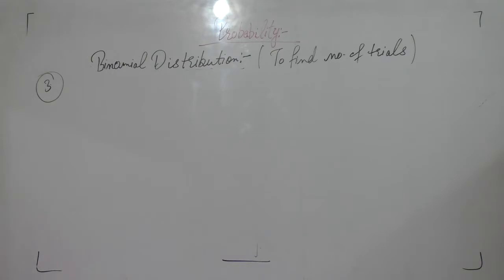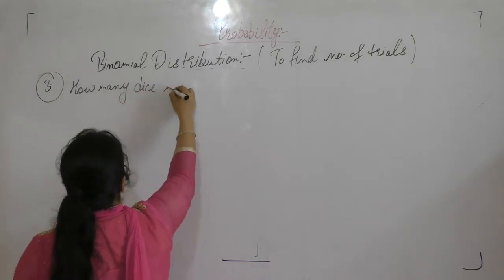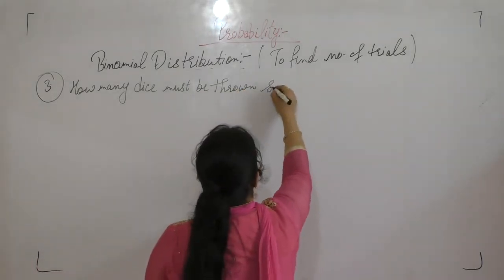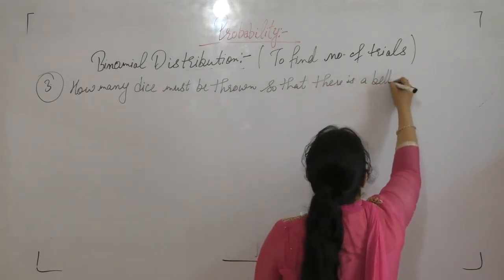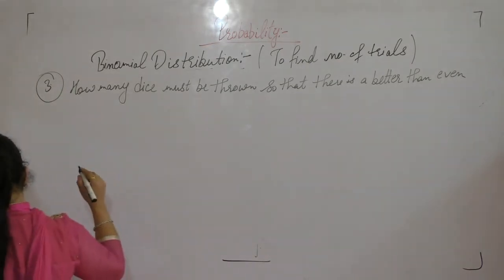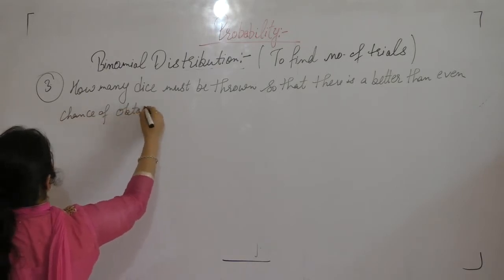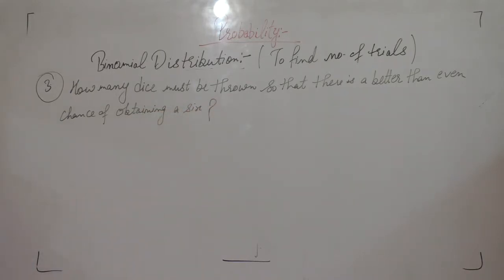How many dice must be thrown so that there is a better than even chance of obtaining a 6? एक डाइस को कितनी बार थ्रो करें कि हमारा जो चांस है ऑफ ऑब्टेनिंग 6 बेटर हो.